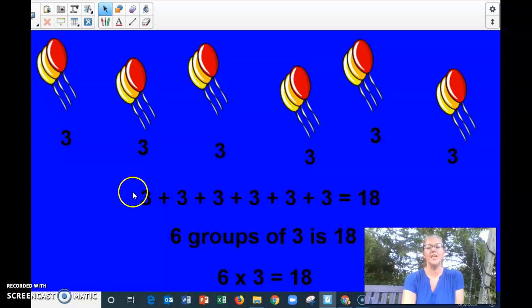All 3 of these different math sentences are helping me figure out the total number of balloons. So we're doing it with repeated addition. We're looking at it written out, describing it as 6 groups of 3 is 18. And then we're also taking that to our multiplication with 6 times 3 equals 18.